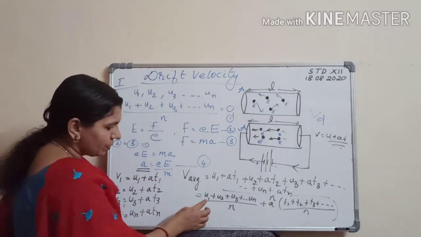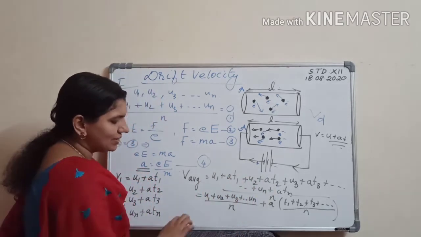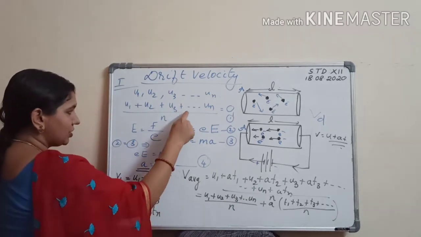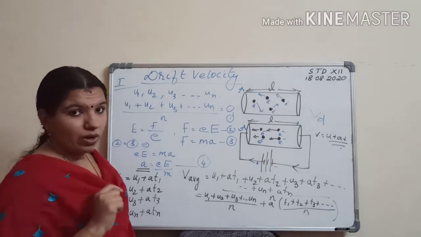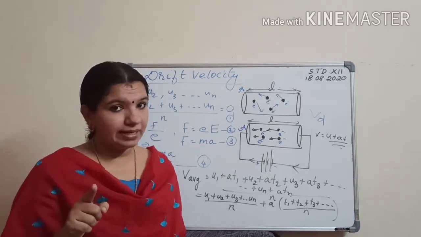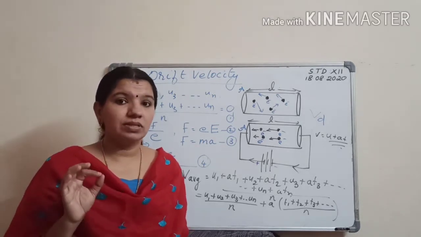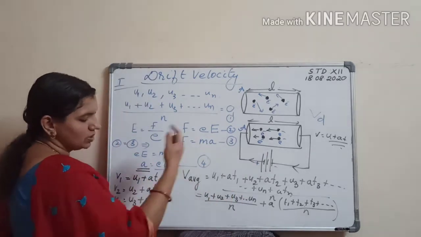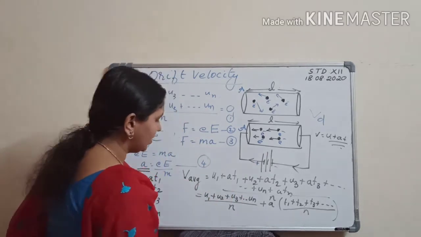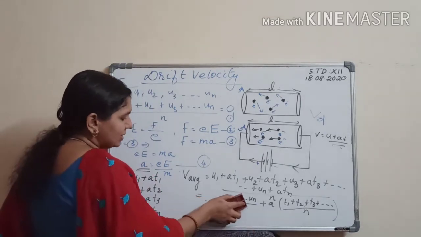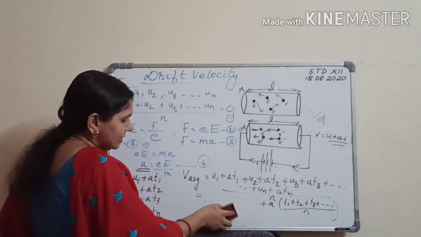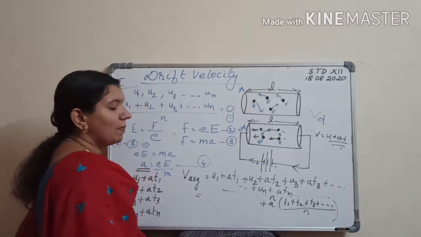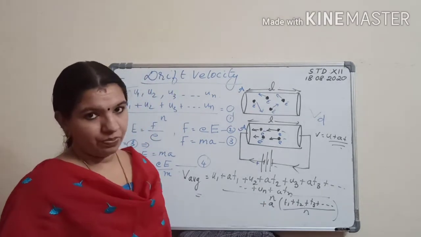Now look here. u1 plus u2 plus u3 up to un by n, what is that? That is our first equation, the initial velocity before applying the field, isn't it? What is that value? This is equal to 0. So this term will turn to 0. So what is the final expression? That is v average is equal to a into t1 plus t2 plus t3 and so on, divided by n.